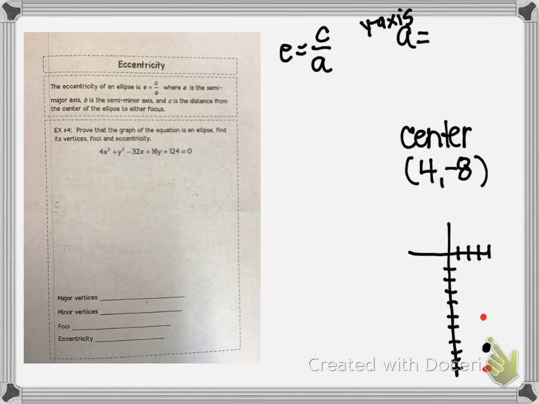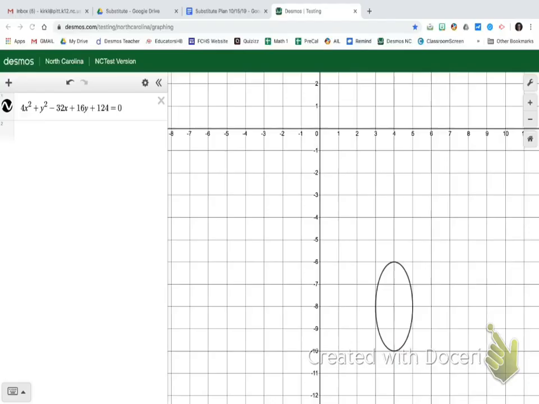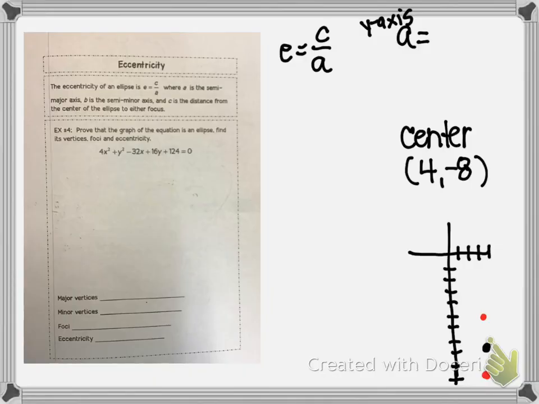They're kind of off a little bit, but maybe that'll look a little bit better. All right. So from there, my minor axis has a semi length of 1.